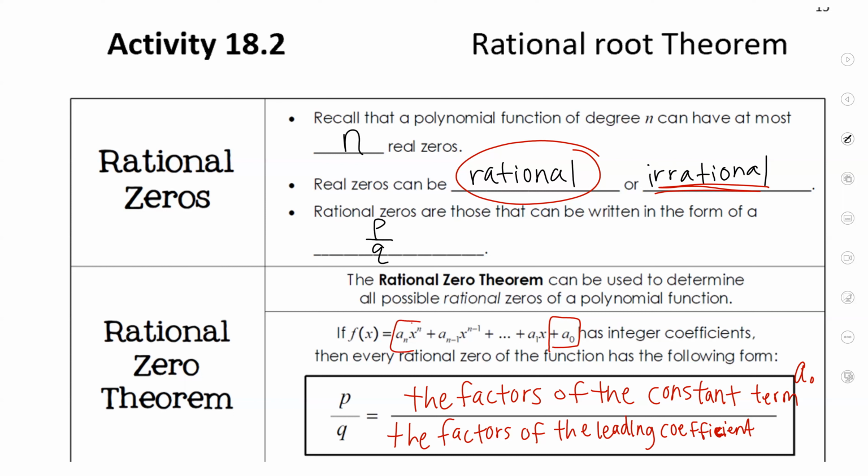Yep, a_n x^n. It says that every rational zero will have this format, p over q. Let's look at an example of this theorem.